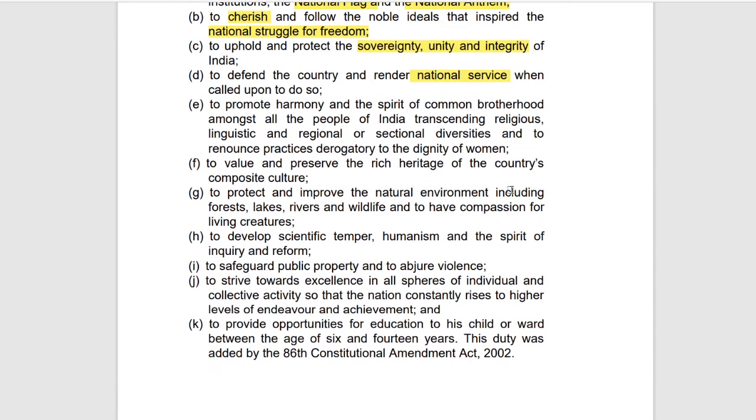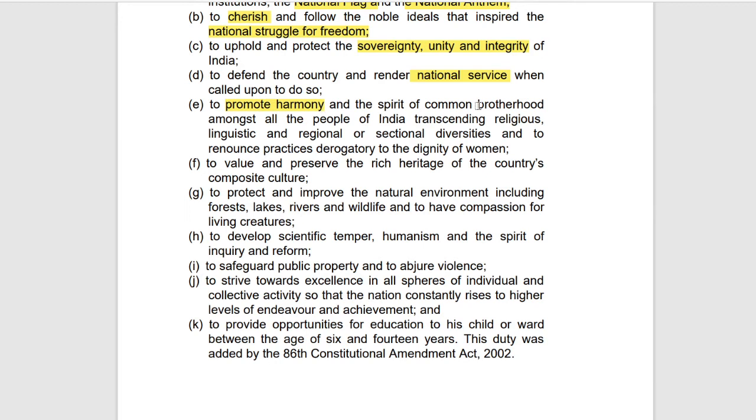Next, to promote harmony and spirit of common brotherhood amongst all the people of India, transcending religious, linguistic, and regional or sectional diversities, and to renounce practices derogatory to the dignity of women. Now tell me, this is a long sentence. What can I extract here? Simply I will extract the word promote, or I can even leave the word promote, that will also not be required.